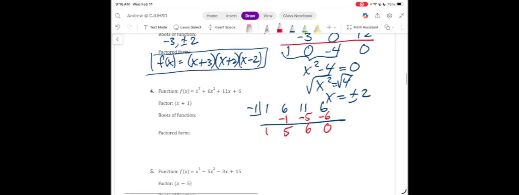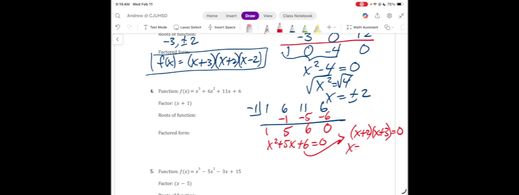And what is my quotient? x squared plus 5x plus 6. Well, we're going to solve that equal to 0 to find the roots. That seems like a great candidate for factoring. So how about x plus 2, x plus 3 equals 0?